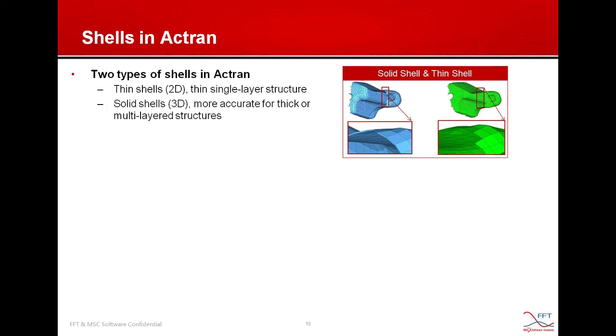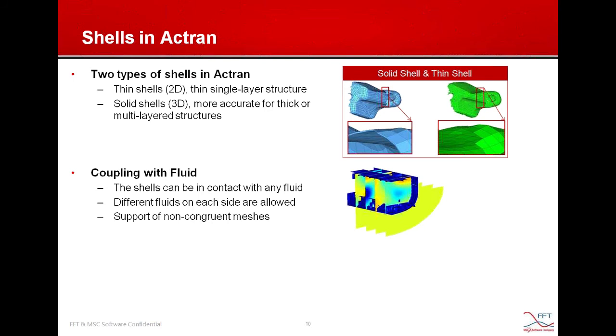And they can be used to accurately model thick and layered structures with different damping values in different layers. In an Actran model, a 2D shell can be combined with a 3D volume shell. And both shell elements can be coupled with any fluid using either congruent mesh or non-congruent mesh.